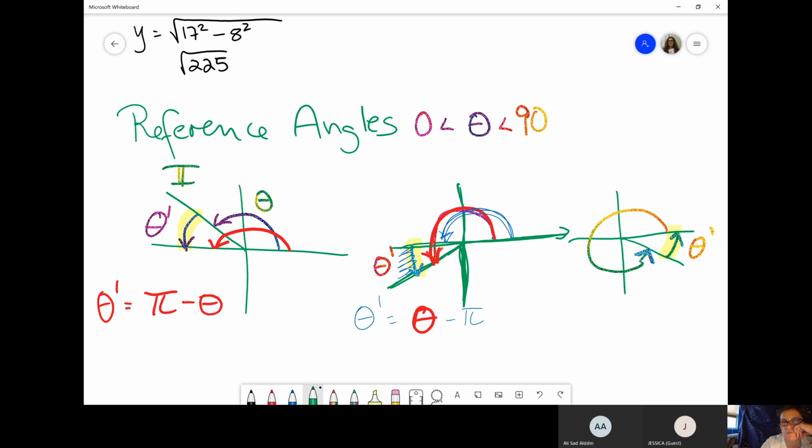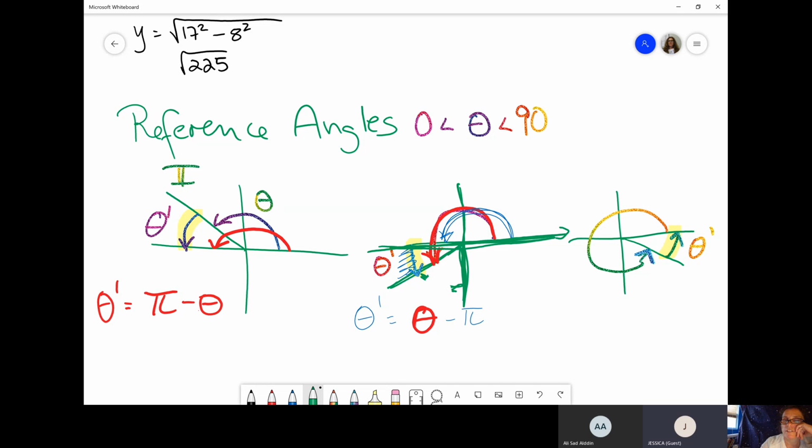If you do 270 minus the red angle, that only gives you this piece. The reference angle is always with the horizontal line, not with the vertical line. Okay, now I understood.